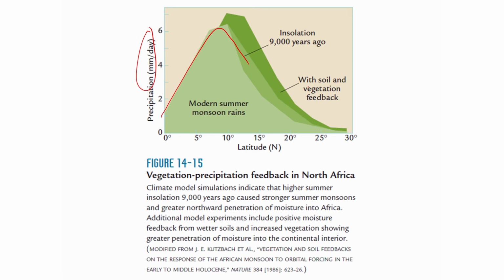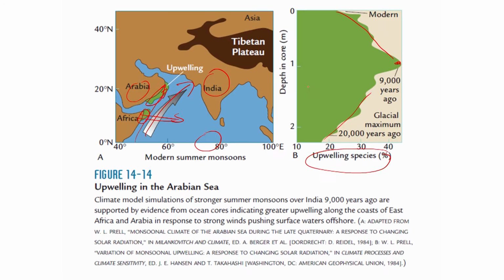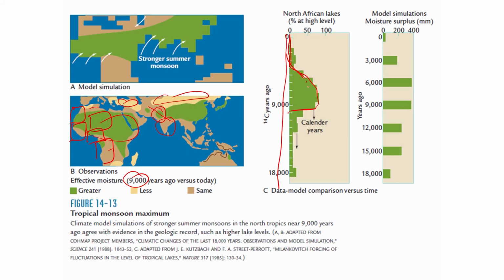So, North Africa, it is a big story, right, because if you remember, now this place is complete desert. Sahara is a massive desert, Africa is poor and there are lots of problems associated with lack of water and so on. We will not get into the details, but somehow from being very green, now it is a complete desert. So, you need to understand what are the vegetation feedbacks.